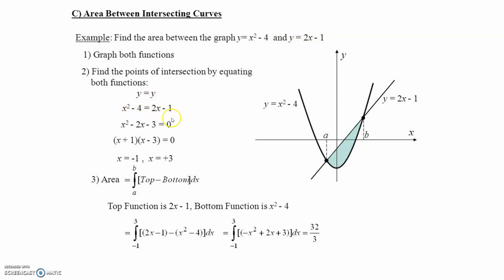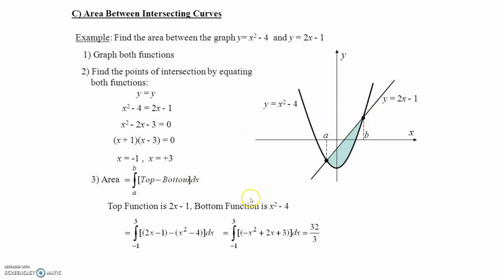So x square minus 4 is equal to 2x minus 1. x square minus 2x minus 4 plus 1, that is minus 3, is equal to 0. So x plus 1 and x minus 3 are the factors, x equal to minus 1, x equal to plus 3. So we enclose this area, x is equal to minus 1 and x is equal to 3, on this quadrant.